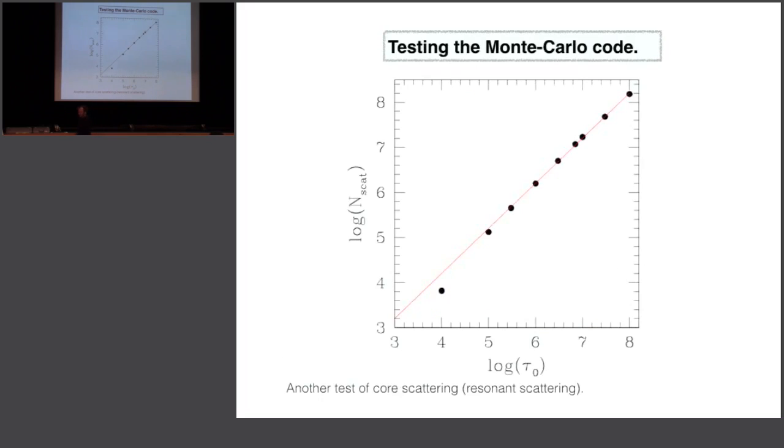The number of scattering events is another way to test resonance core scattering. If you have the core scattering correct, we know how many core scattering events are required to be boosted to a frequency where you can escape. This is something that Adams derived in the early 70s, and in the Monte Carlo code you can test it, and it works.